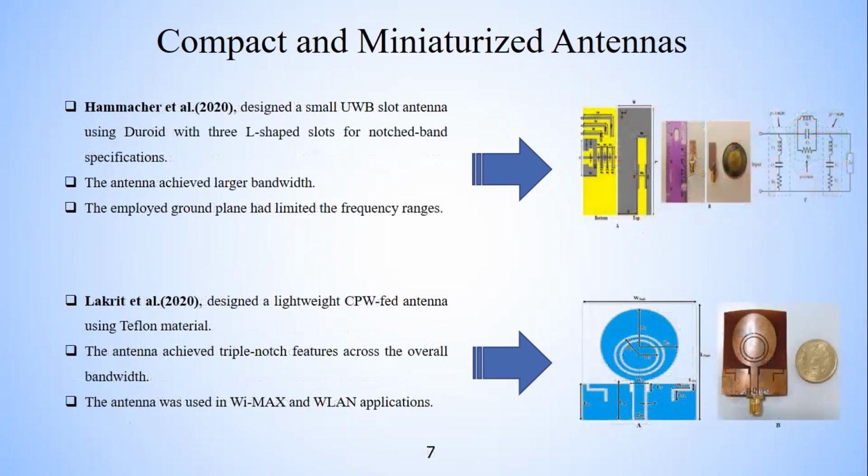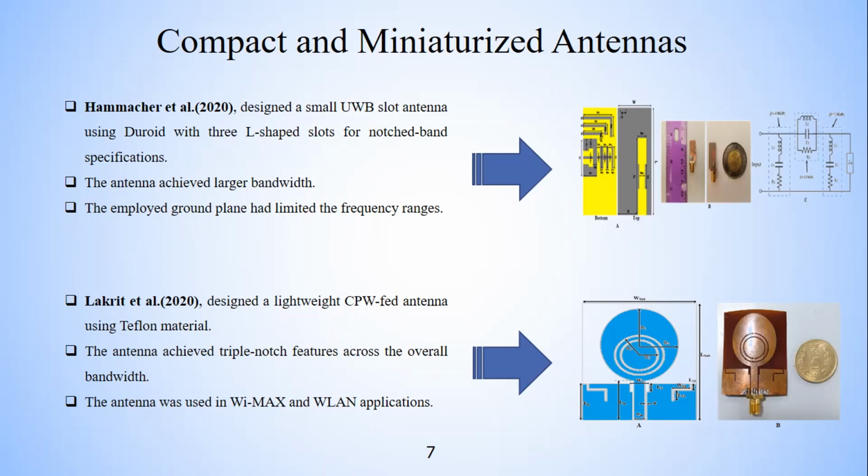Then Hamacher designed a small ultra-wideband antenna using Jorate with 3 L-shaped slots for notch band characteristics. This antenna achieved larger bandwidth, however, employing the ground plane had limited the frequency range. Lackert designed a lightweight antenna, again using a new kind of feeding technique.